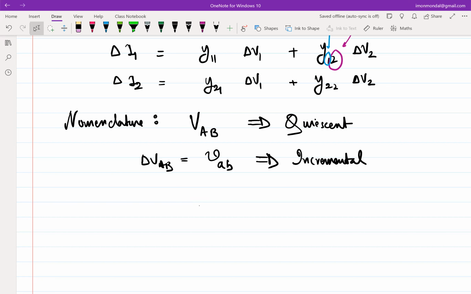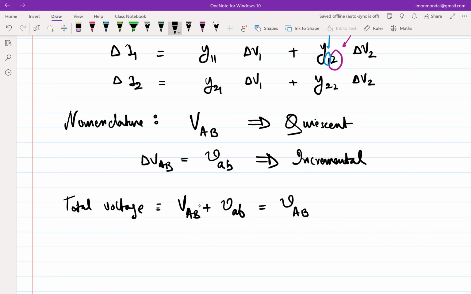A summation, right? I basically add up the quiescent and the incremental, so then I get the total. So the total voltage is essentially the quiescent VAB plus the incremental VAB, which is referred to as small v capital AB.